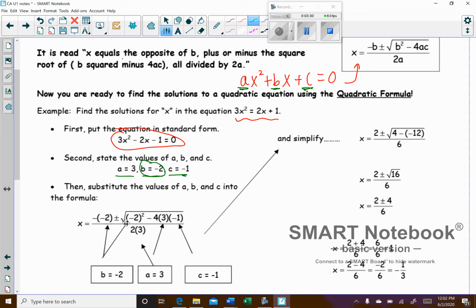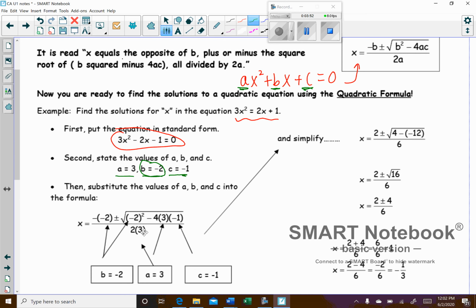Then plus or minus the square root of b squared. That negative 2, you want to put in parentheses and square it. Then minus 4, which is part of the formula, and then a and c, 3 and negative 1, and then all divided by 2 times a.